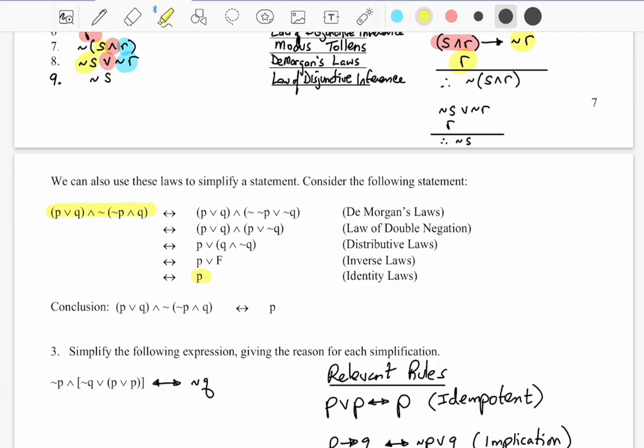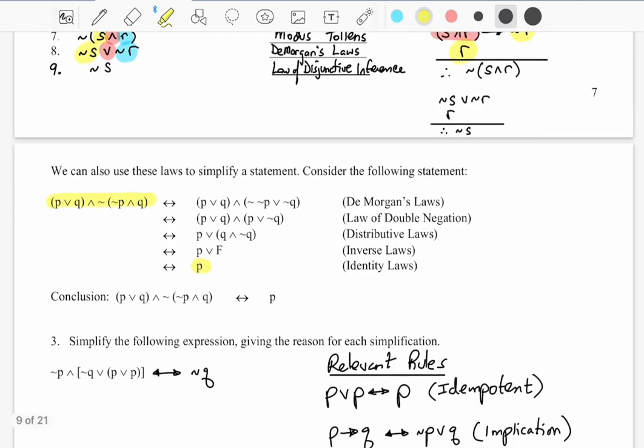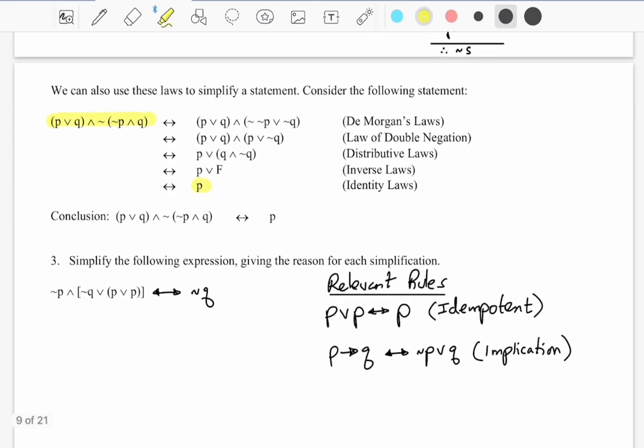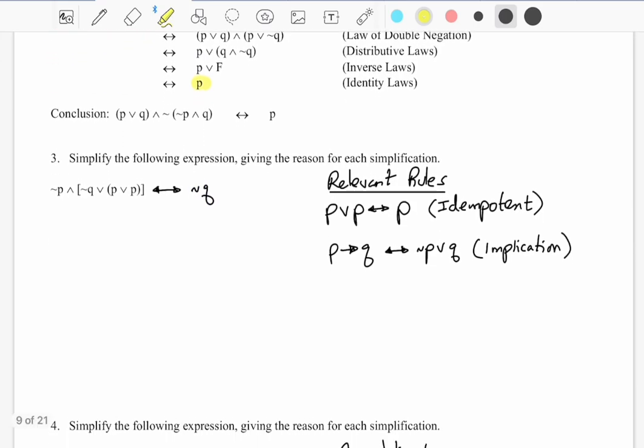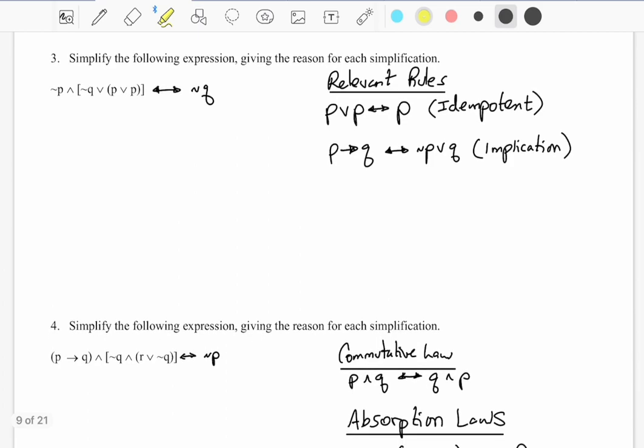All right. So I wanted to show you how you can take a complicated sentence here and show that it's equal to something very simple. Because I don't know how much experience people have with probability, but if I told you that you have two events, event A and event B, maybe event A is getting a red card when you pull a card from the deck, and event B is rolling a 4 when you roll a die.